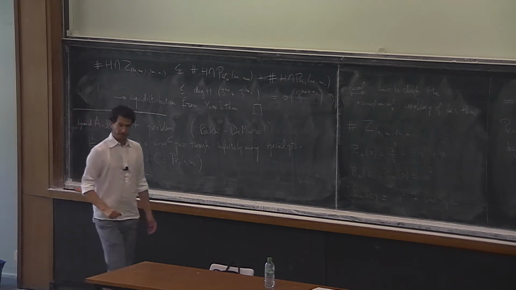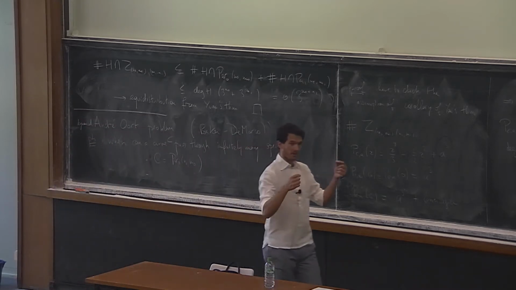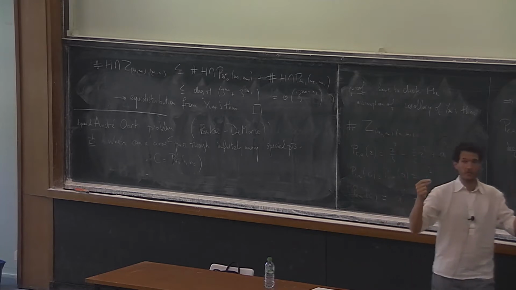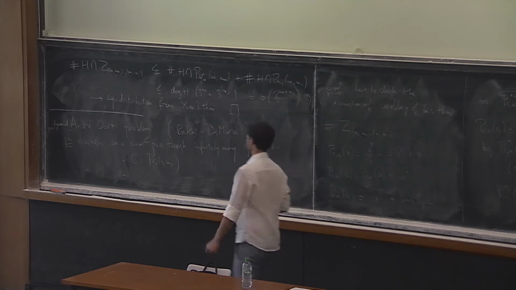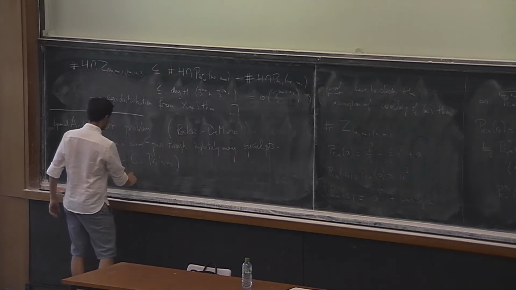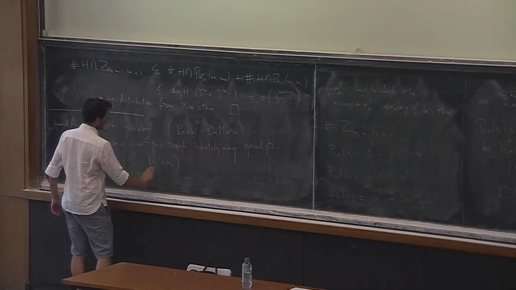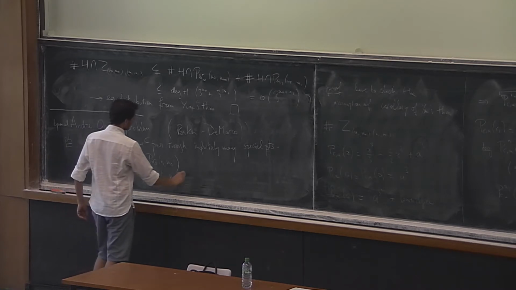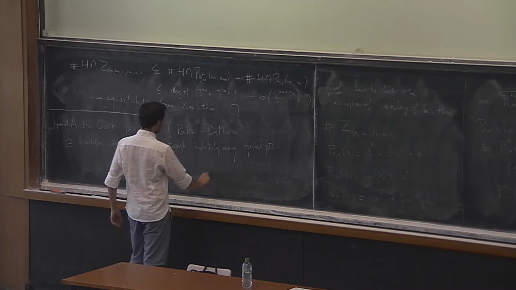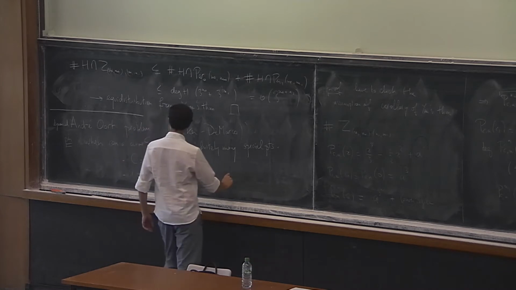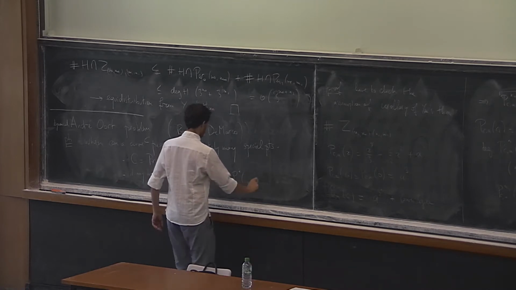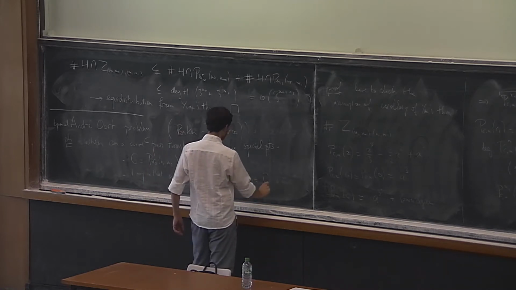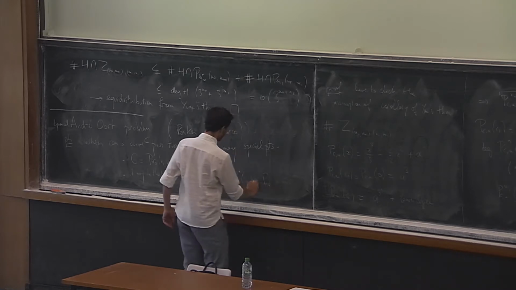Another possibility is that on this curve, you have two critical points, but it may be that after one iteration, the two critical points collide. So it may be, for instance, that on C we have a relation of the form f^l(c0) equals f^l(c1), persistently equal.